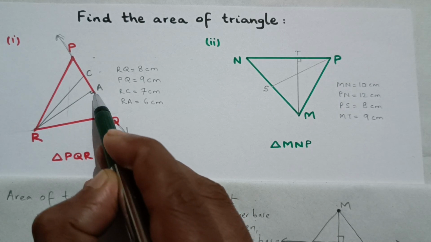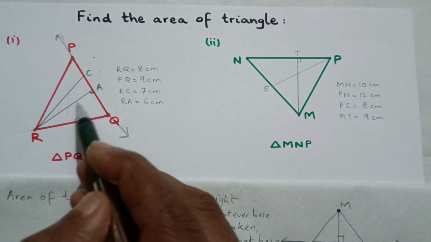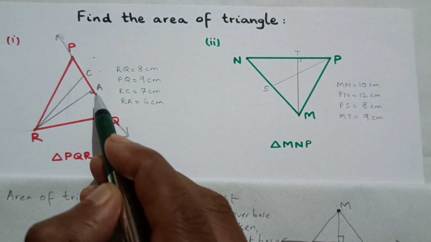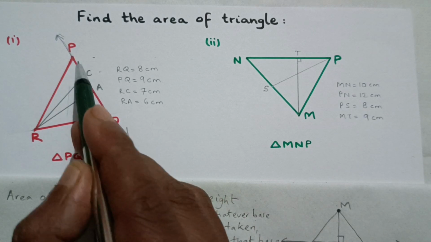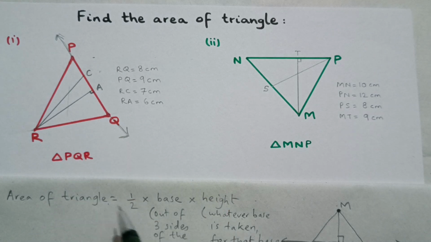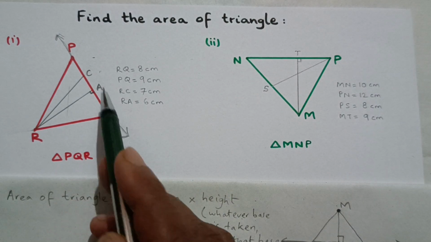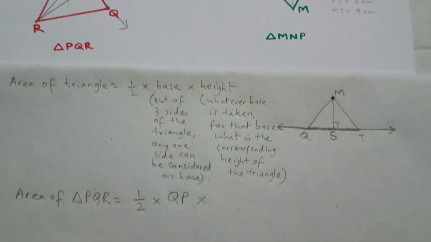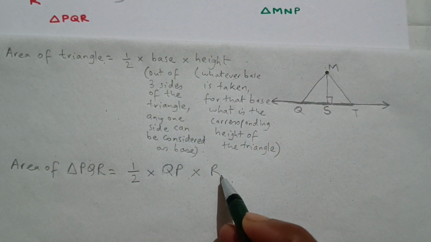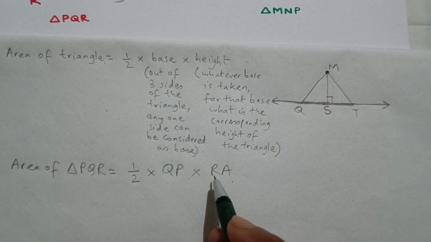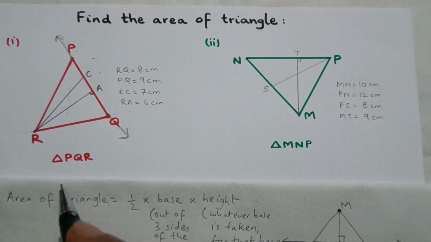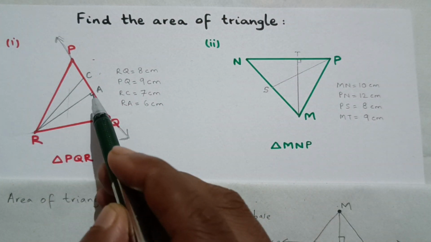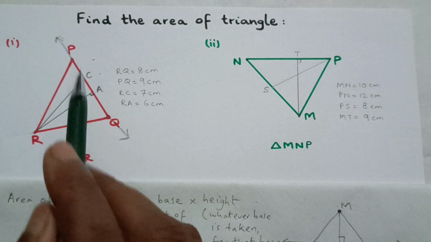This symbol means 90 degrees. So RA is perpendicular to QP. So the corresponding height for base QP is RA, because RA meets all the criteria for being the height for base QP.